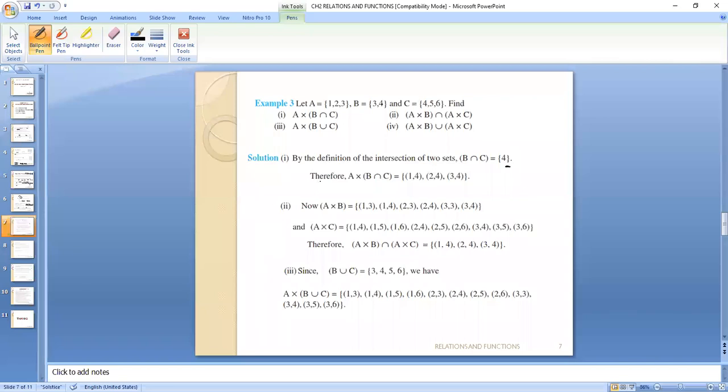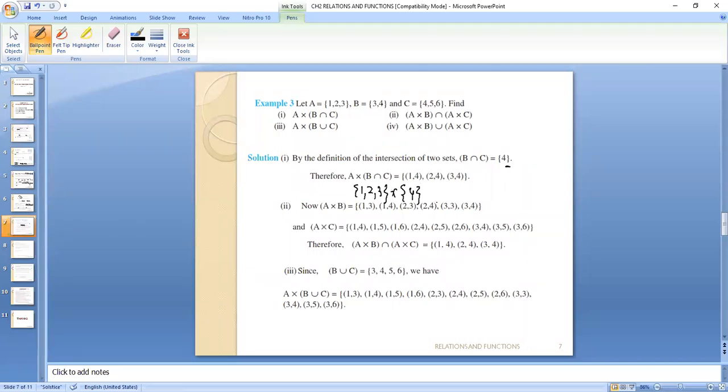Now we multiply A cross B intersection C, which means multiplying 1, 2, 3 with 4. So 1 with 4, 2 with 4, 3 with 4. We will have the ordered pairs (1, 4), (2, 4), (3, 4).